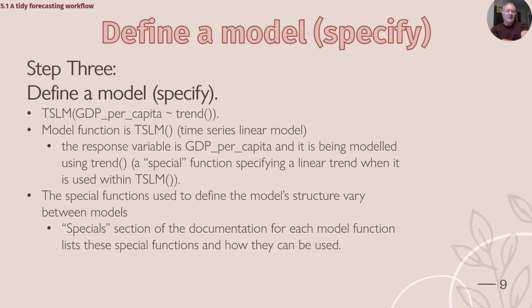So for example, we'll use the TSLM model, and we're going to have the GDP per capita, and we're going to use the trend part of the model. So our model function is TSLM. This is a time series linear model. And the response variable is the GDP per capita, and it's going to be modeled using the trend function. So the special functions used to define the model structure vary between models.